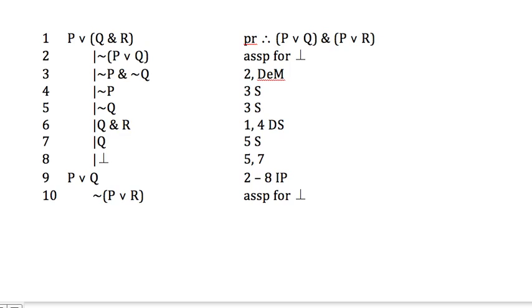We proved P or Q. I didn't write out the rest of it because it would be much the same. You would assume not P or R to get yourself started proving the second conjunct. The proof would be very similar to this. It's just that where you had Q before, you'd have R. Once you completed that, you'd have P or R. You could put them together with conjunction. Straightforward.